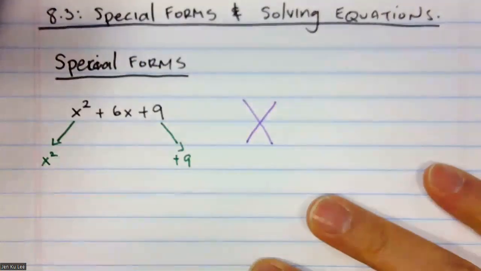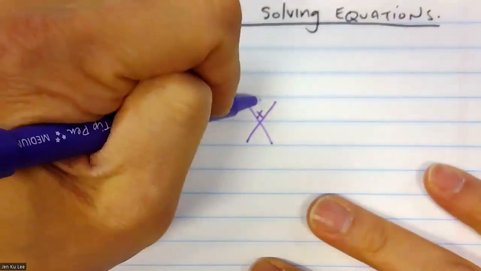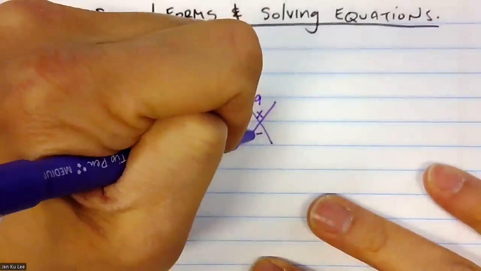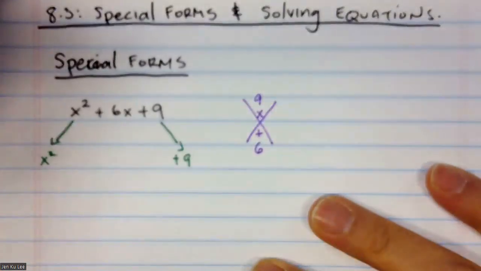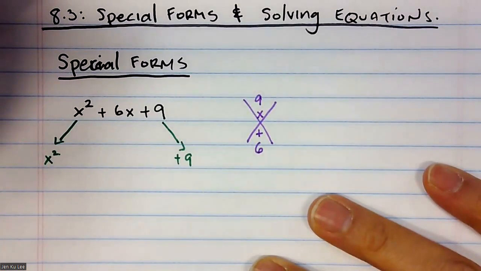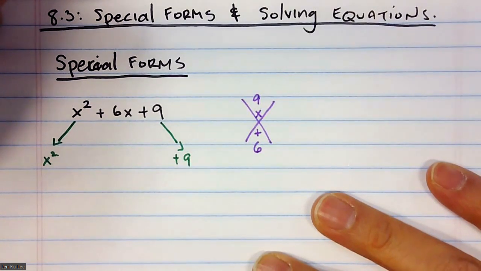We draw the x out. Two numbers that multiply to 9 and get me a sum of 6. What are two numbers that multiply to 9 and get me a sum of 6?